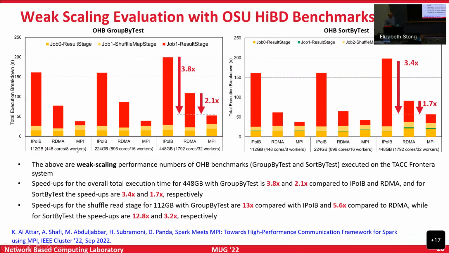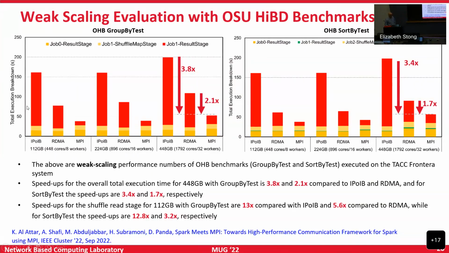For example, this is 8 workers, 16 workers, and then 32 workers, right? Each worker is utilizing approximately 50 to 56 cores. So in total, we are utilizing almost 1,800 CPU cores.